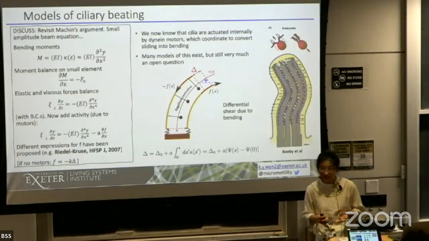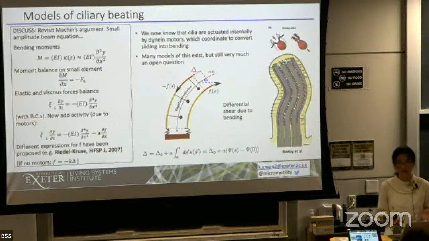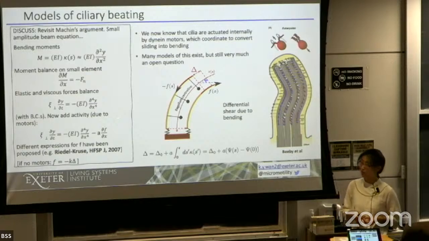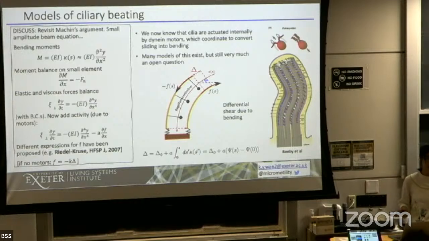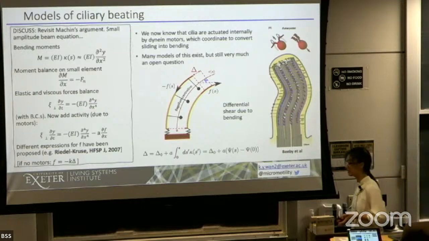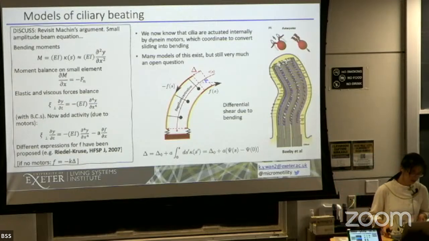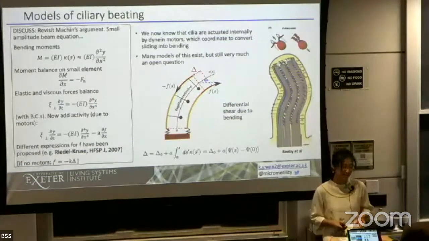And so if you set a balance between these elastic and viscous forces, you get an expression that looks like this. If you ignore these parameters, then the general form of this PDE is something known as a hyperdiffusion equation, which admits certain well-known solutions with some properties.